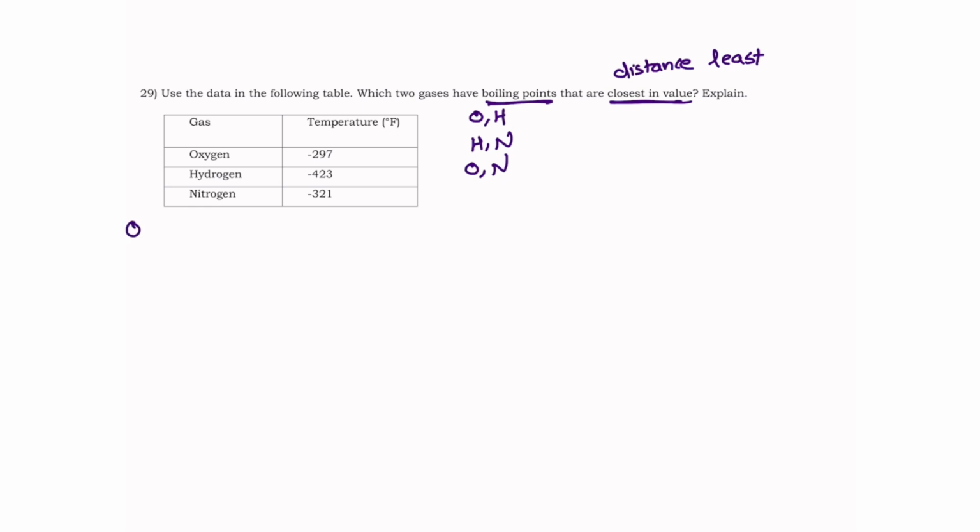So let's say O and H, oxygen and hydrogen. Oxygen is minus 297, and we are finding the distance, so again minus, and hydrogen is minus 423. So what does this become? Minus 297 plus 423.